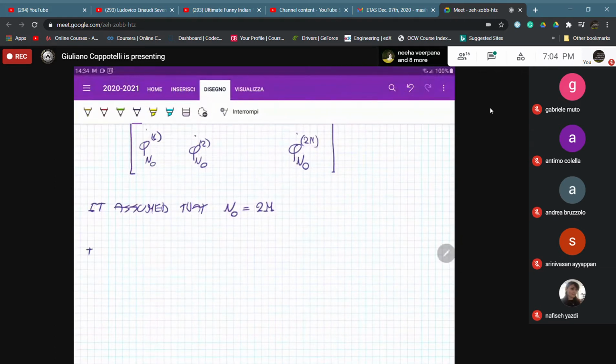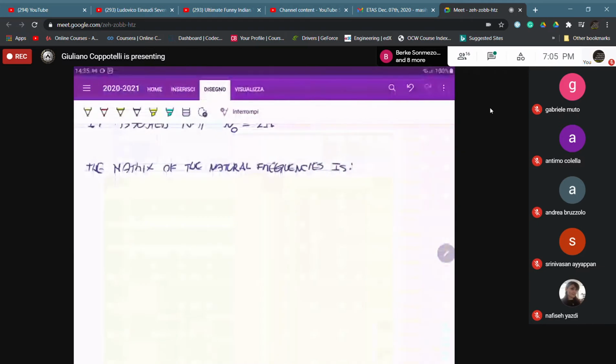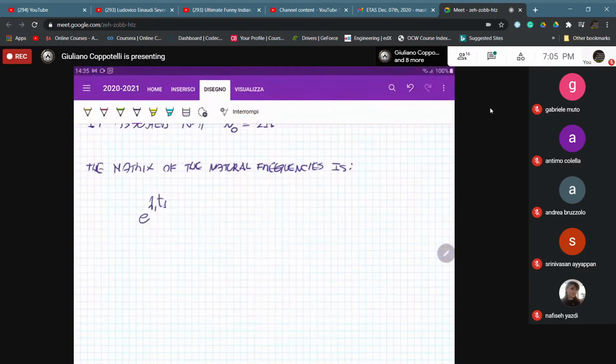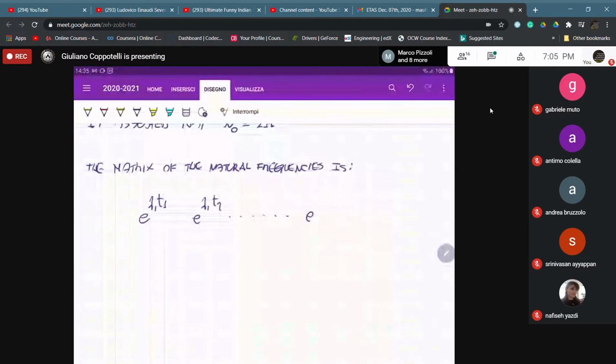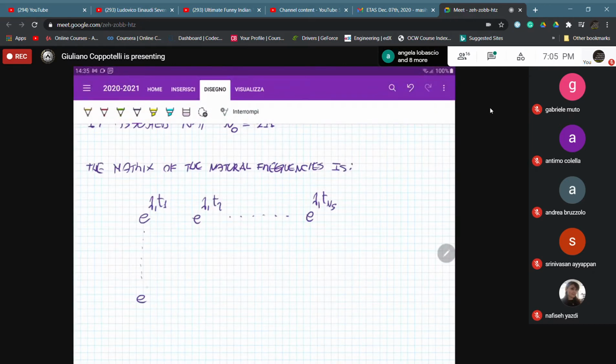So the matrix has e to lambda 1 t1, e to lambda 1 t2, up to the last one, e to lambda 1 t and s, then e to lambda 2m t1, e to lambda 2m t2, up to e to lambda 2m t and s.